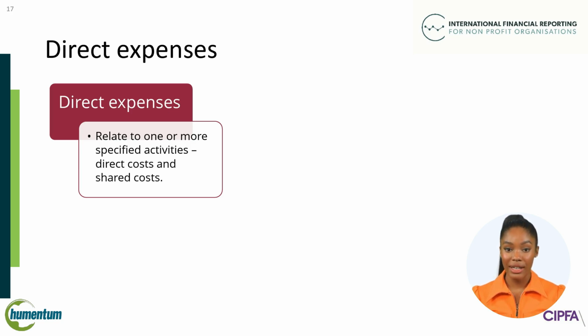If that employee spent half their time working directly on one project and half working on another, their costs would be shared between the two. Even though the costs are shared, they are direct expenses because their time can be identified as relating to specified activities. INPAG uses the terms direct costs, shared costs, and direct expenses. Direct expenses includes both direct and shared costs.